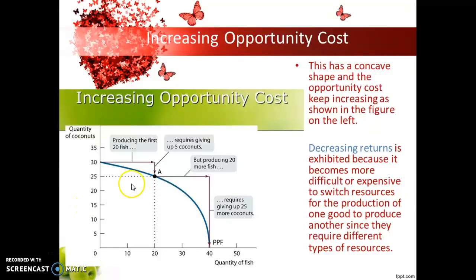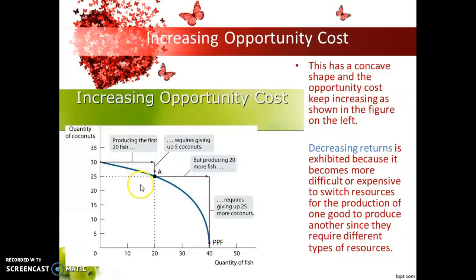So you get to understand that to produce more fish, you probably have to get more fishing nets, get more fishermen, right? And that will be more expensive for the company. So we see that it's an increasing opportunity cost. The opportunity cost to produce the next good keeps increasing.